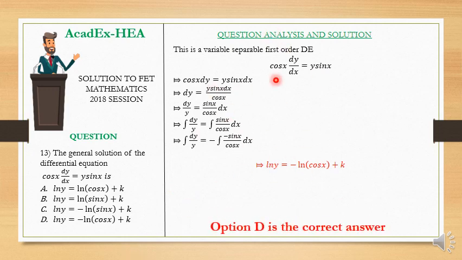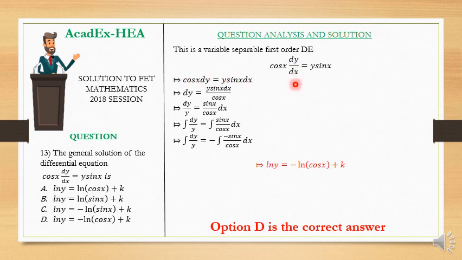So this is the solution here. Well, when we look at the differential equation cos x dy dx equal to y sin x, we notice that this is a first order variable separable differential equation. So we can simply separate the variables and integrate, and then life becomes easy.